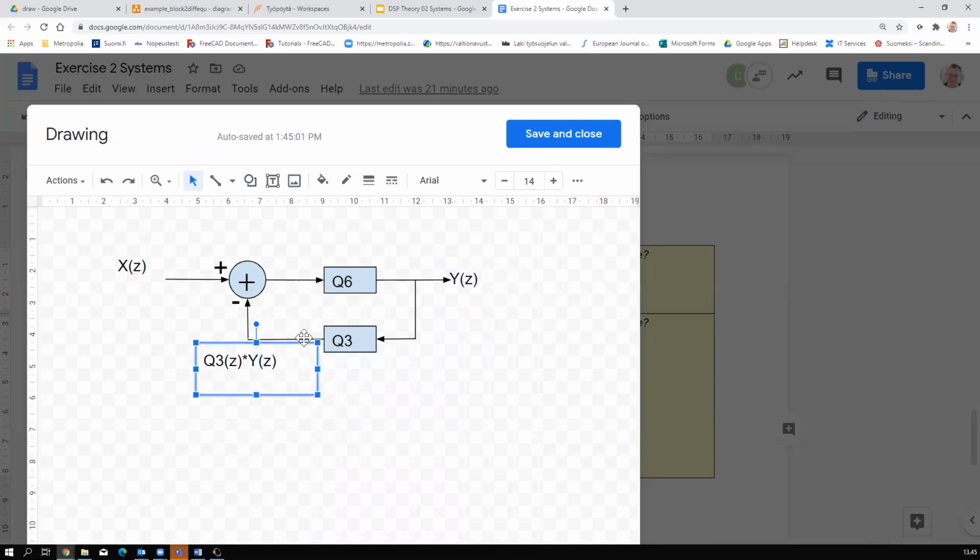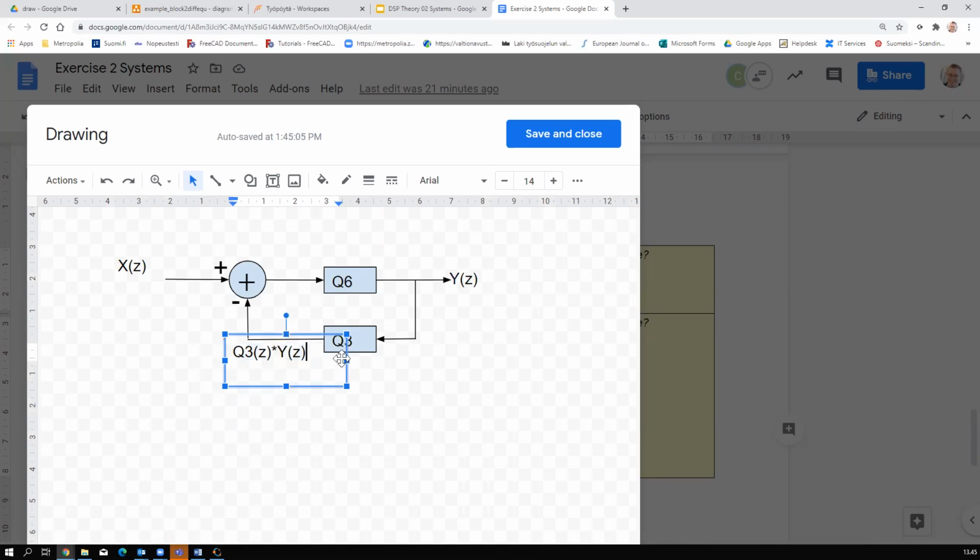Okay, I think you got the idea now. If you just follow the signal, here you have X(z) minus that one, and Y(z) here is actually Q6 times this difference.